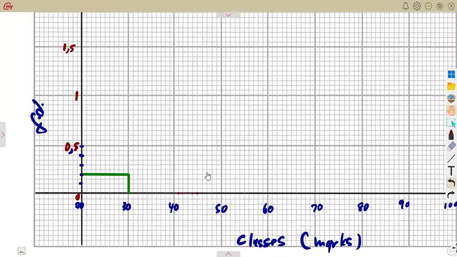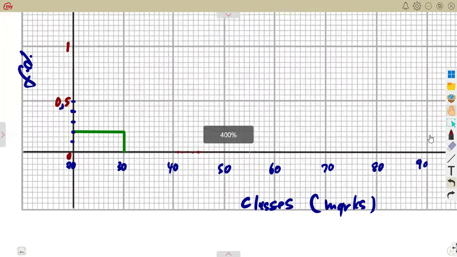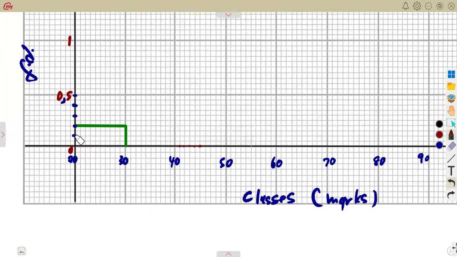So where is 0.33? You're going to count, guys. Remember, 0.1 is 2 boxes, so this is 0.2, then 0.3. But where is 0.33? The next one is going to be 0.4, 0.5. So it's just going to be an approximation between 0.3 and 0.4, because we need 0.33.